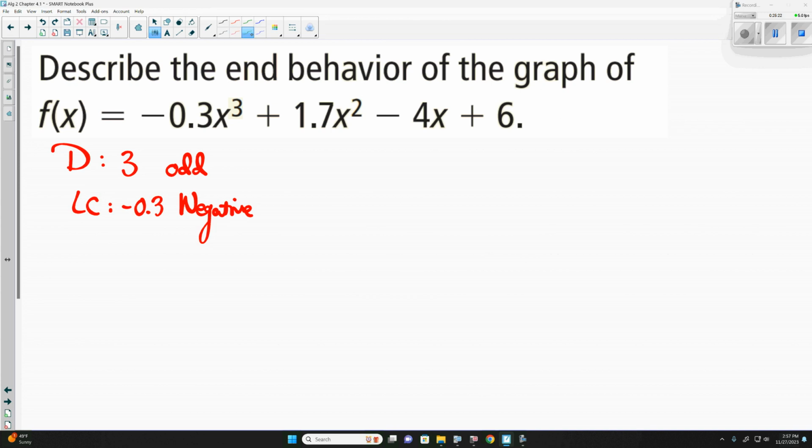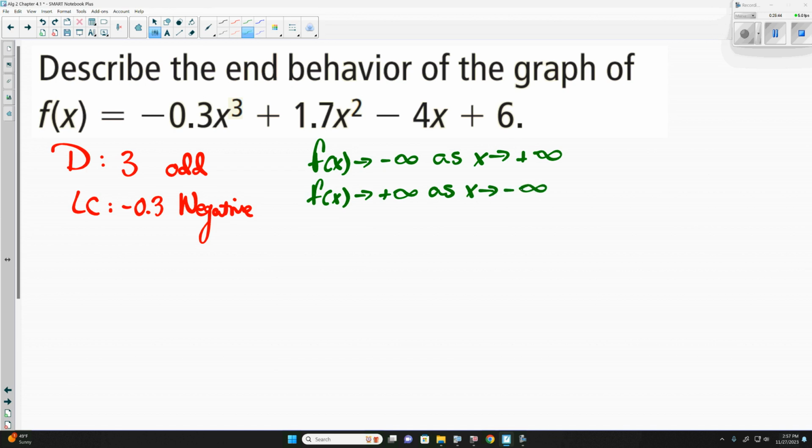So if we look at this chart here, odd and negative tells us that f of x approaches negative infinity as x approaches positive infinity. And f of x approaches positive infinity as x approaches negative infinity. And that's it.